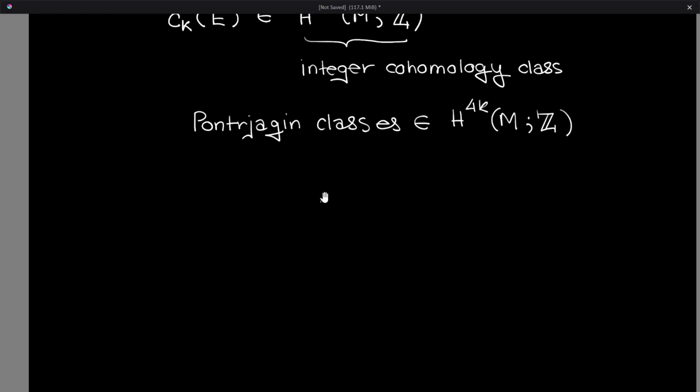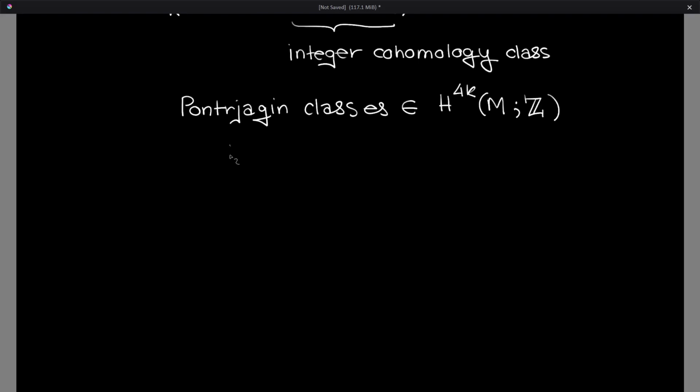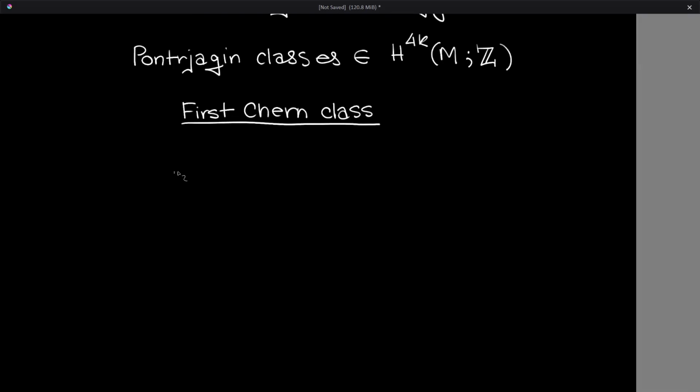So we specifically are interested in the first Chern class, which is defined by c1(E). This is just a relationship. You can find this in linear algebra.